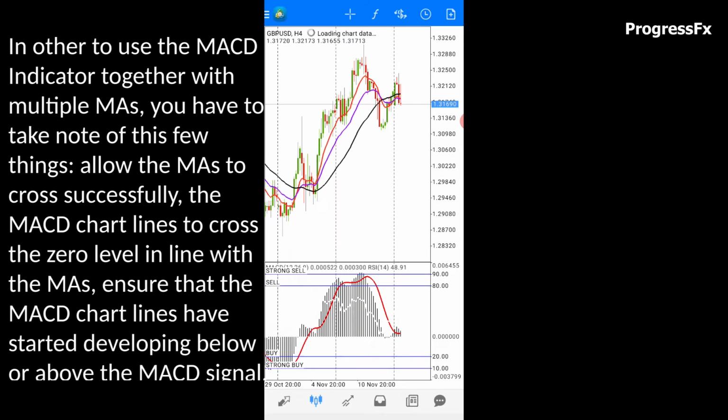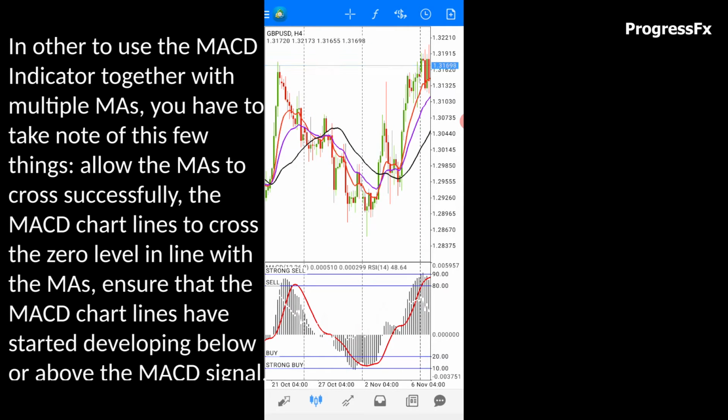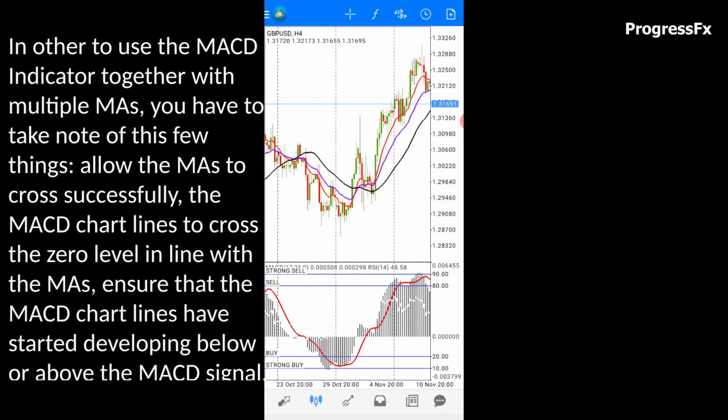So here, this is the current price of GBP USD. So there is something I'm waiting for before I strike, based on what I will teach you here. Watch it closely. The black color you're seeing here is the MACD chart line, and the red line you are seeing here is the signal line.